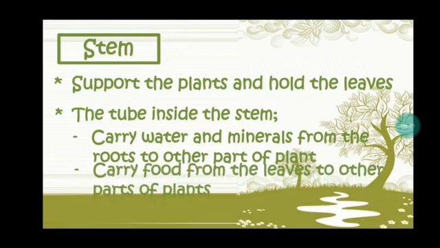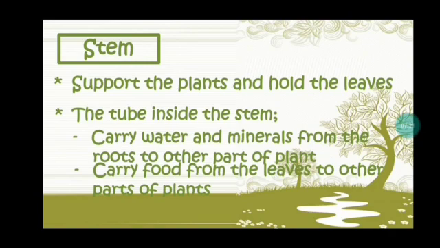And then the next tube in the plant has the function to carry food, membawa makanan, from the leaf to other plant parts. So the tube that carries water from the root to other plant parts is the xylem. And the one that carries food from the leaf to other plant parts is the phloem, or sometimes we say sieve tube, pembuluh tapis.